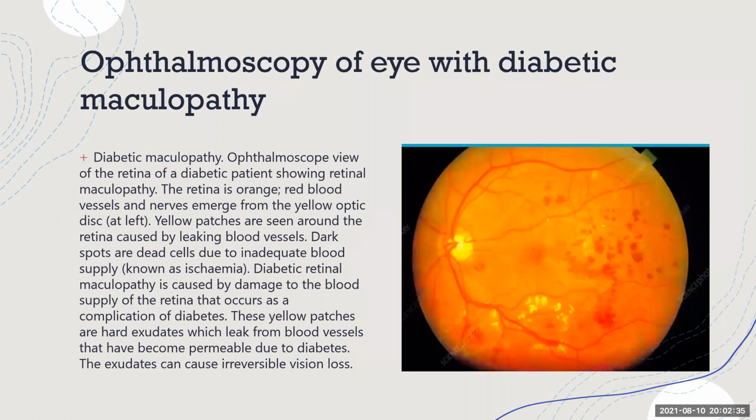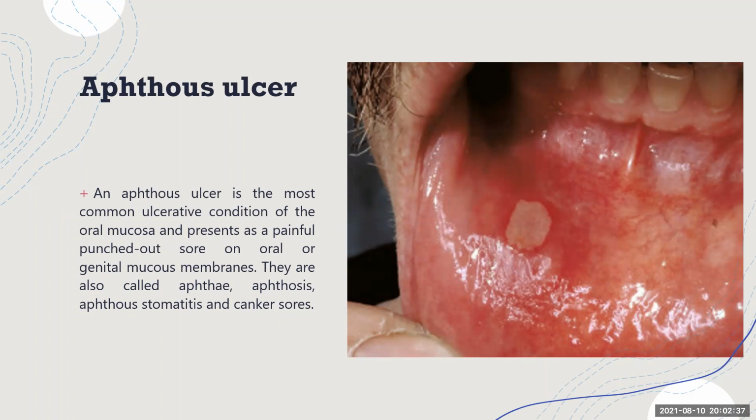What is their etiology? What are the reasons? Most of the time these are because of a virus, but sometimes they are because of excessive use of spices. Those who eat too much spicy food, the spicy food can irritate the mucosa and they can occur.